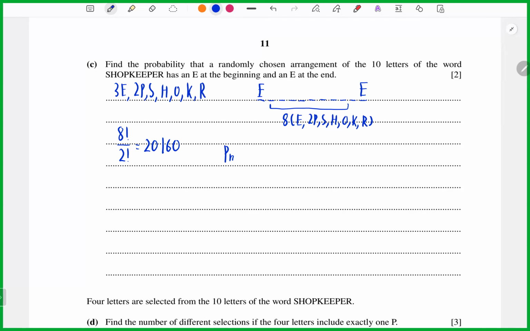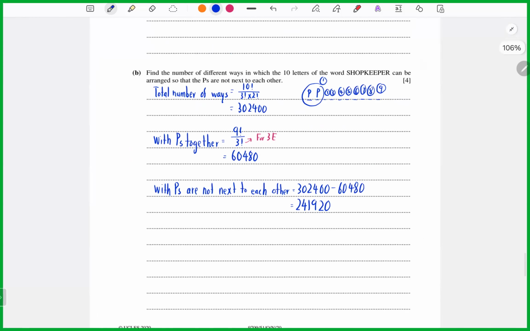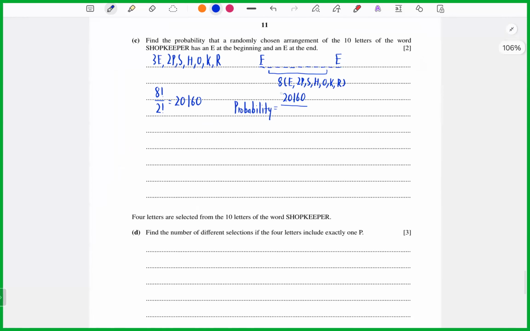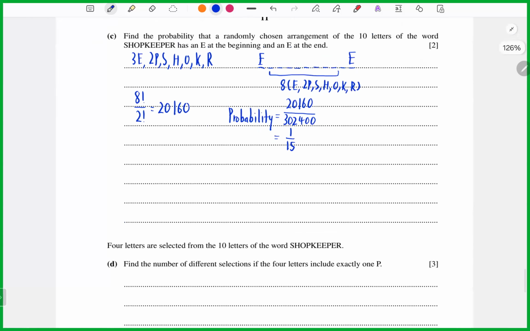Now you can find the probability equals 20160 over the total 302400. Simplify the answer and you will get 1 over 50. So that is your answer for question C.